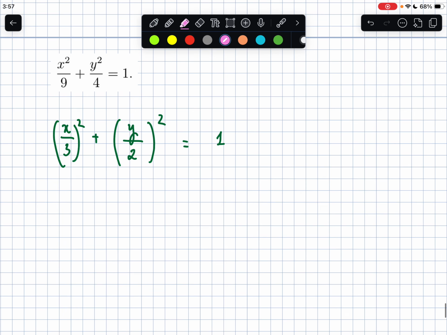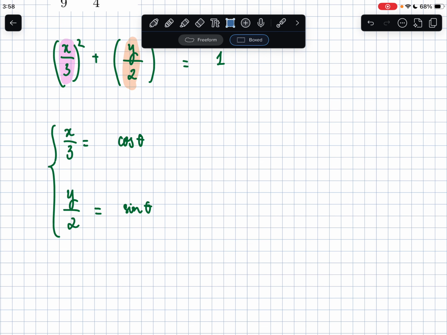So you see that something squared plus something squared equals 1. So that something, x over 3, we can put as cosine. And y over 2, you can put equal to sine of theta.